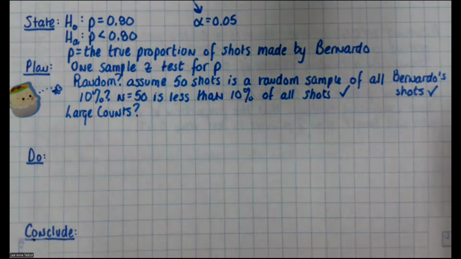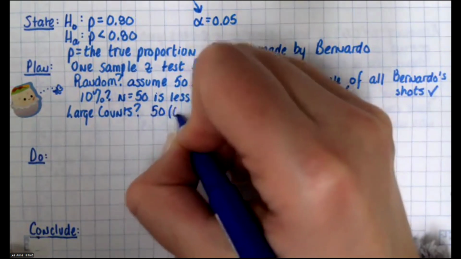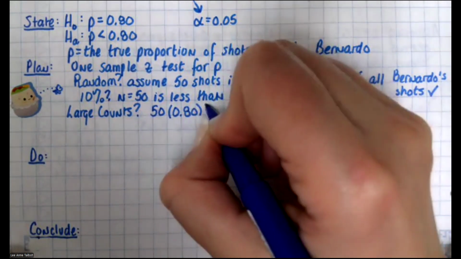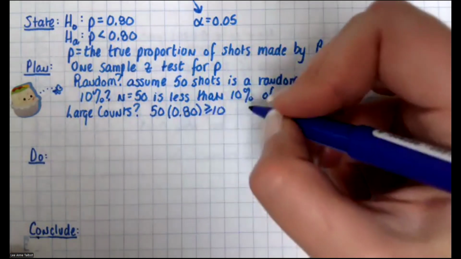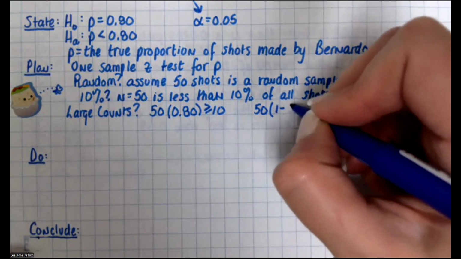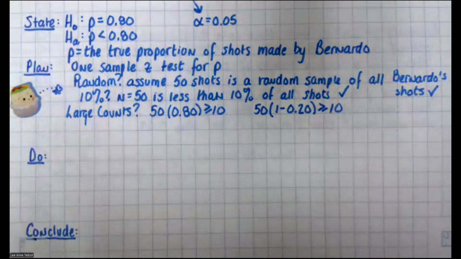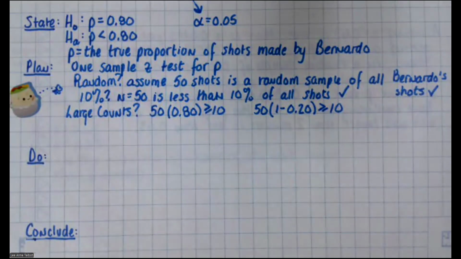Okay, large counts. N times P greater than or equal to 10. N times 1 minus P greater than or equal to 10. Oh, I think yeah, it's fine.